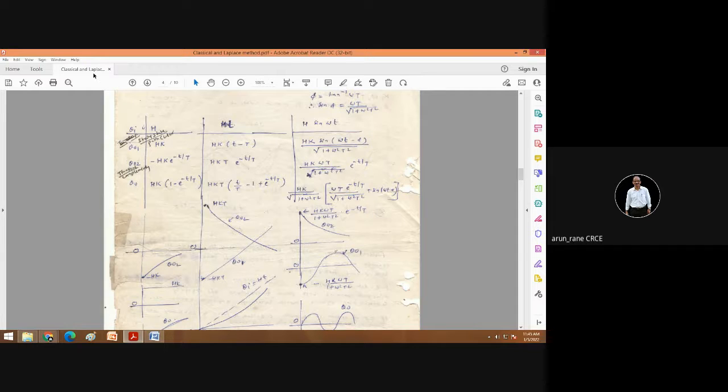So be comfortable. Concentrate on this table. Theta I is step input, ramp input, and sinusoidal input.